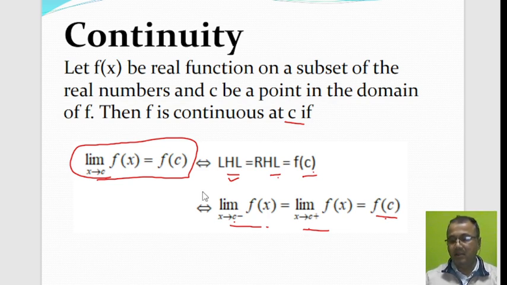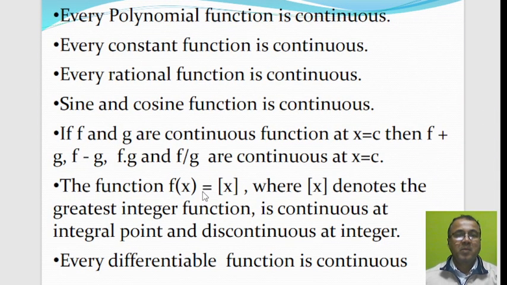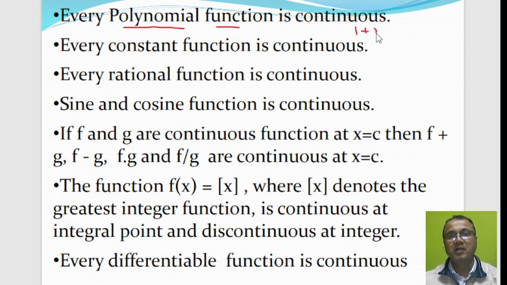Now let us start some of the properties of continuous functions. The first one is the polynomial function. Every polynomial function is continuous. Dear students, you have to remember that a polynomial function is always continuous. What kind of functions are polynomials? For example 1 plus x square, and 1 plus x cube.